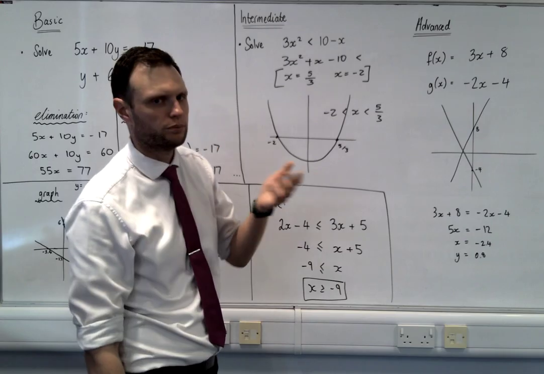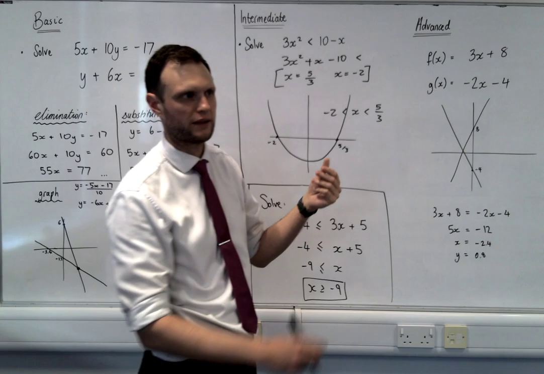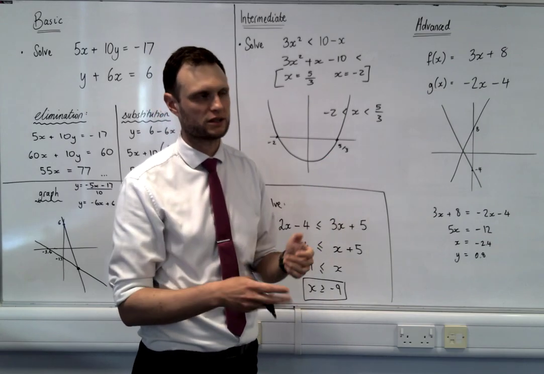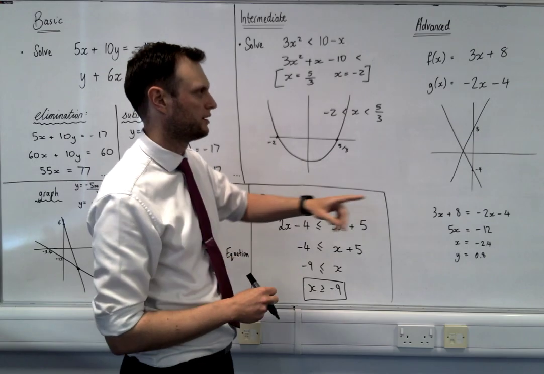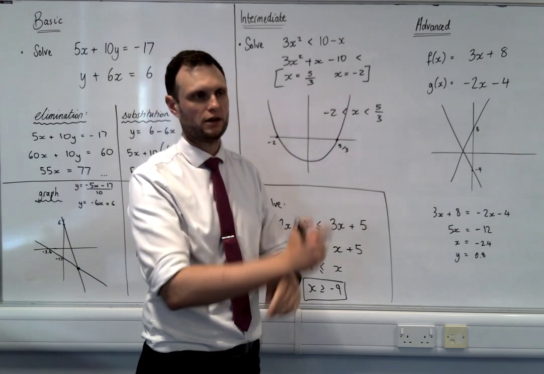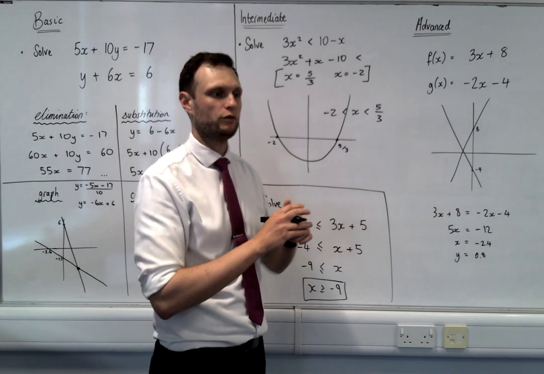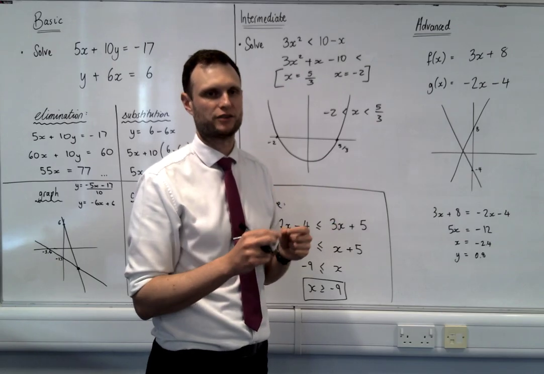Normally you have multiple equations, and the region is where it satisfies each of those inequalities. Normally it's straight lines, and you're looking at which parts of the coordinate axes satisfy the inequalities.